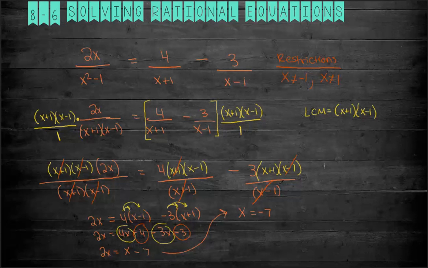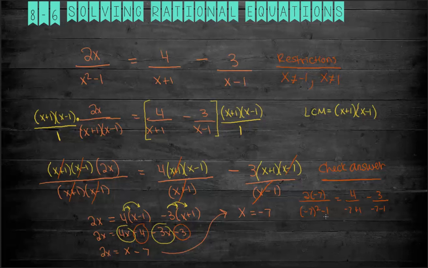So my next step is to check my answer. I'm going to plug negative 7 back into my original equation. So I get 2 times negative 7 over negative 7 squared minus 1 is equal to 4 over negative 7 plus 1 minus 3 over negative 7 minus 1.